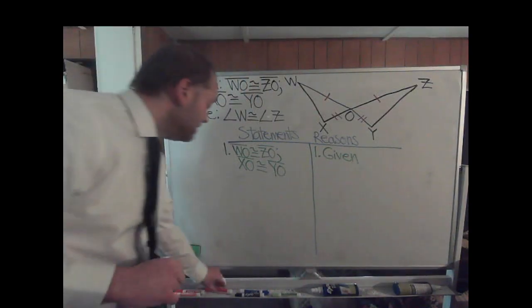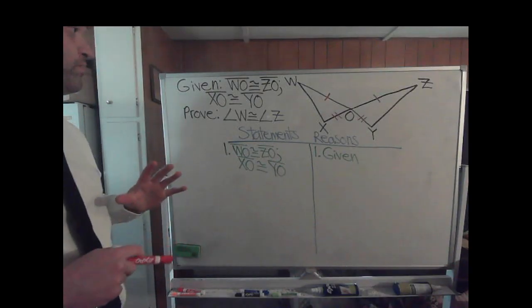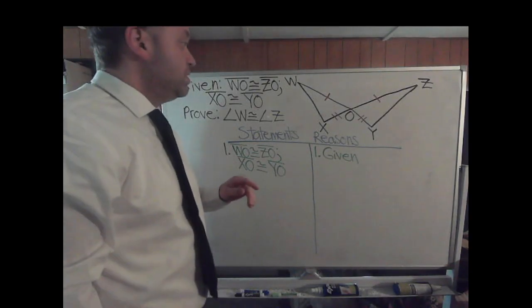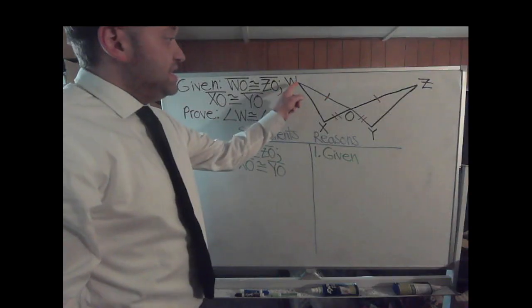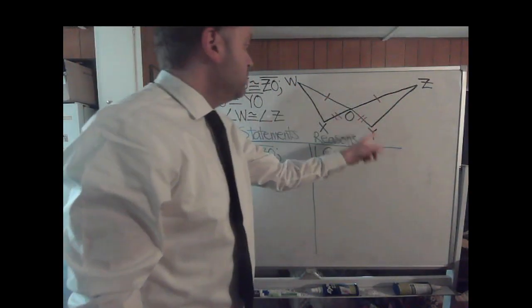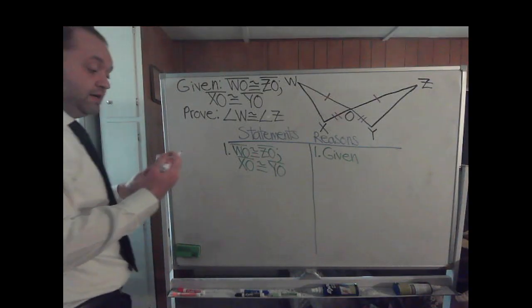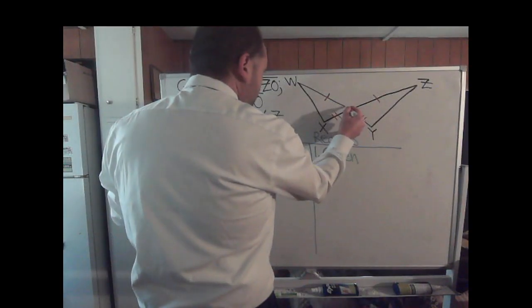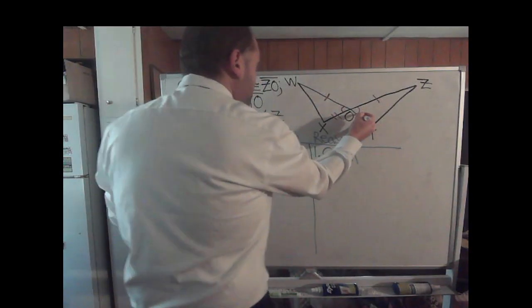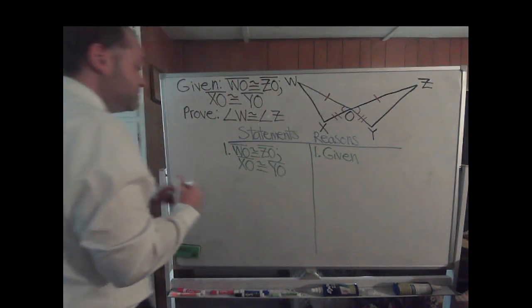Is there any other information we can conclude? Well, looking at the diagram, wouldn't we see that angles WOX and ZOY are vertical angles? Those are vertical angles, are they not? And we know that vertical angles are congruent, so let's go ahead and place congruency markers for those angles.